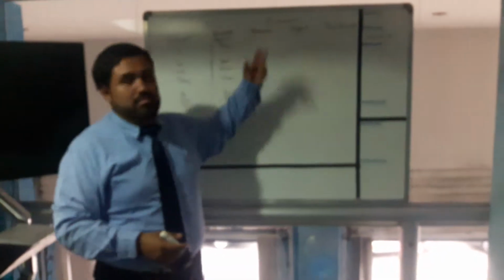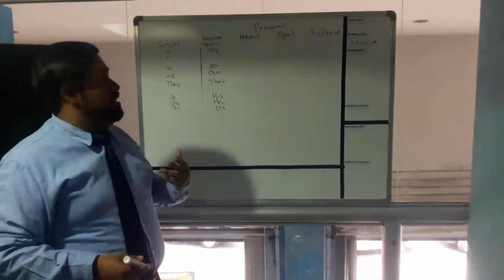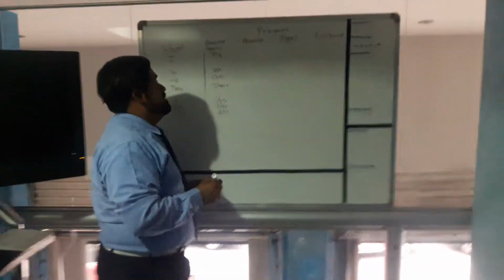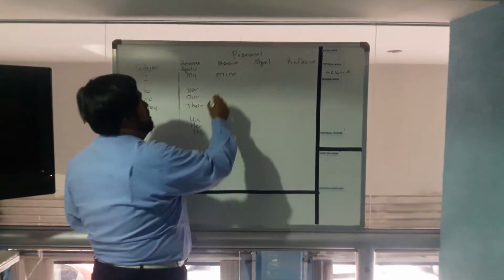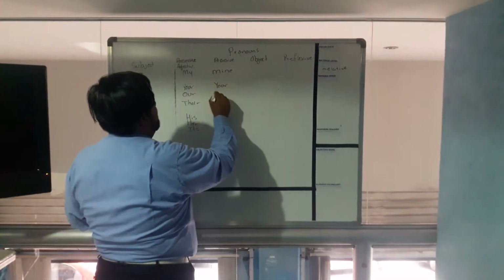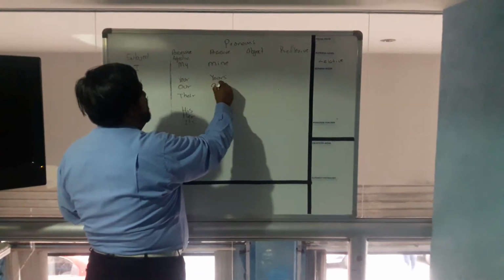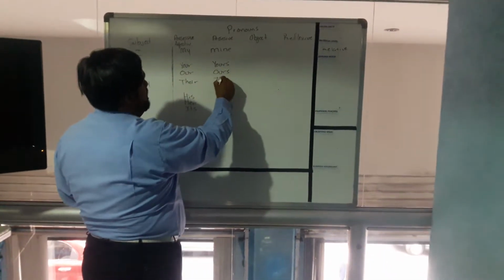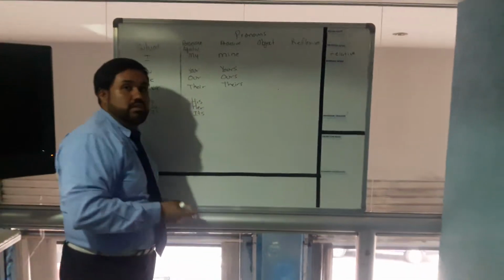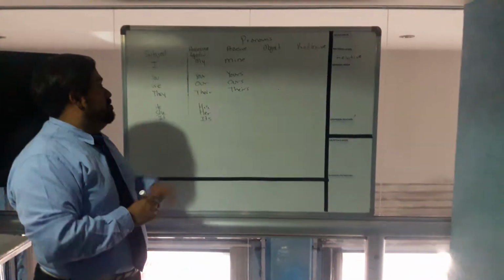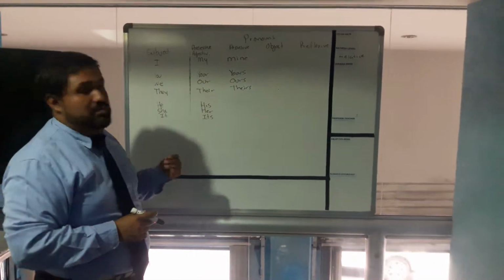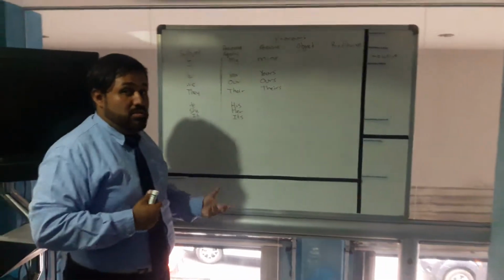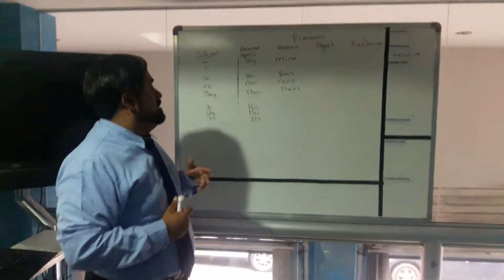Now let's talk about the possessive pronouns. Possessive pronouns are, for the first person, mine, for the second person yours, ours, or theirs. That's different. While here your is a possessive adjective, it's yours here, and that's very different.